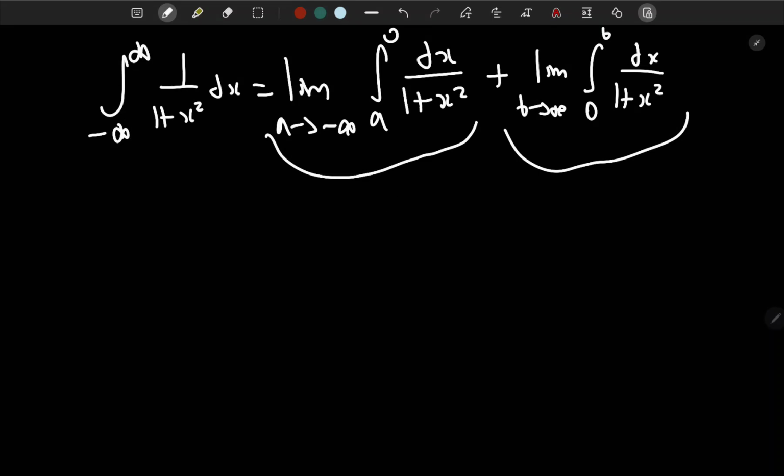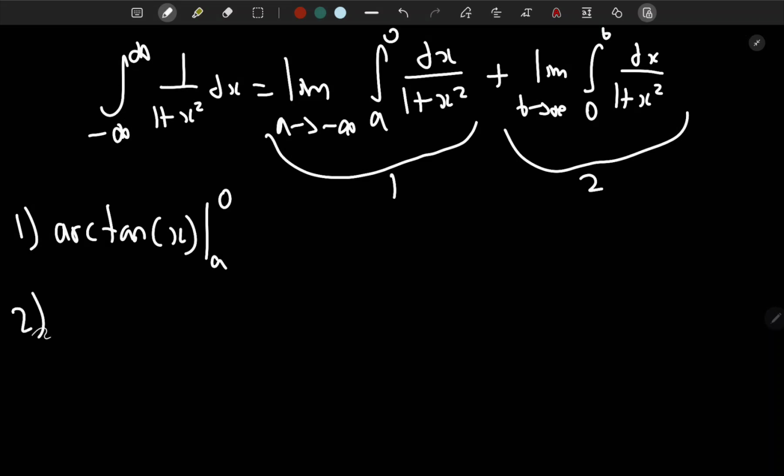So now what is the integration of 1 over 1 plus x squared? This is arc sine or inverse sine, not sine, sorry, tan x, and we take the limit from a to 0, where a is negative infinity.